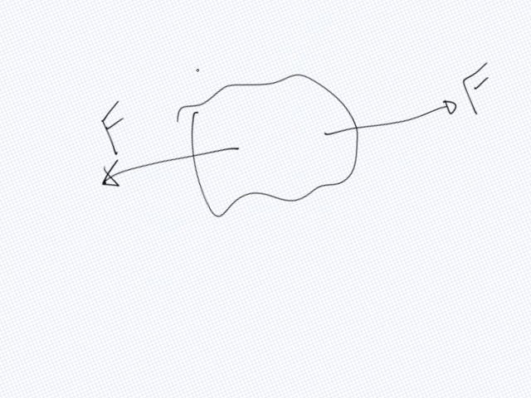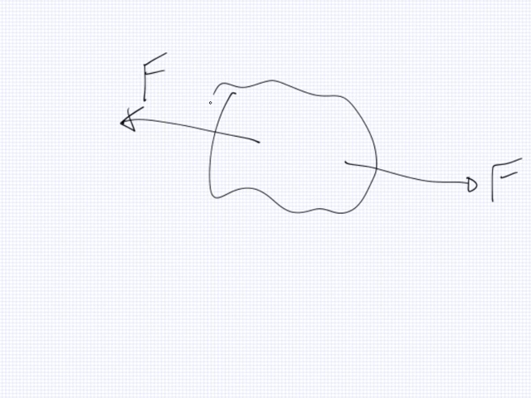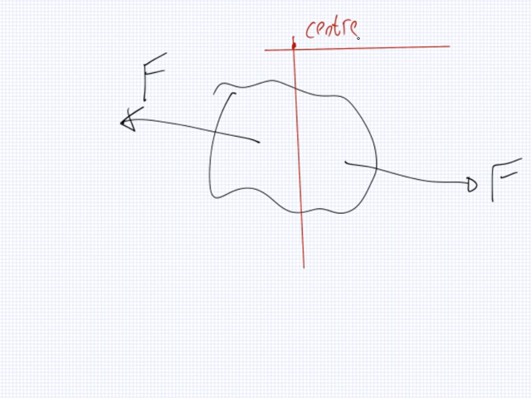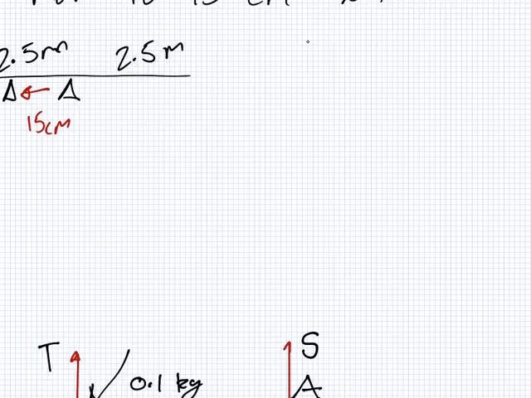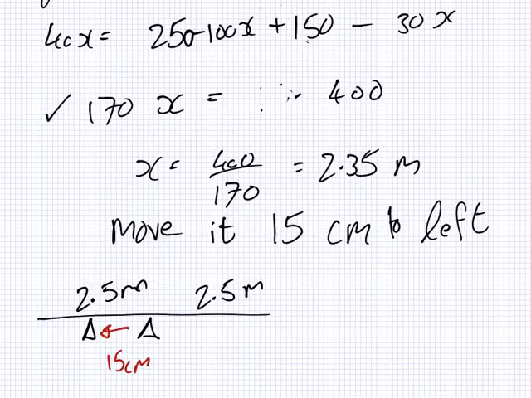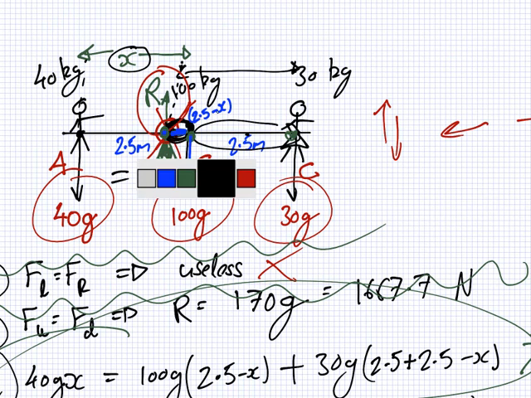If I draw this here and this here and make this the centre, the mass doesn't care where I call the centre. It's kind of the same thing with the seesaw. It doesn't care that I call this the centre.